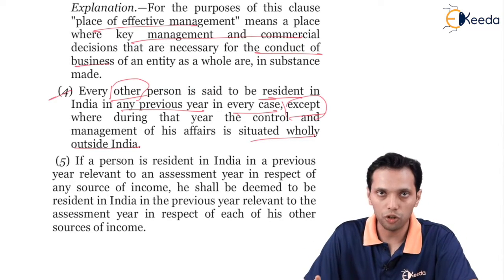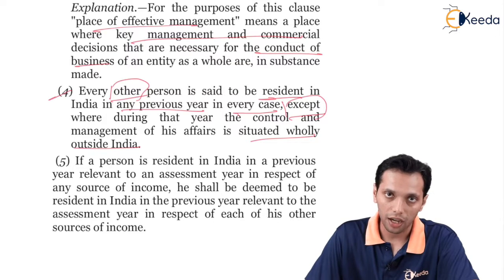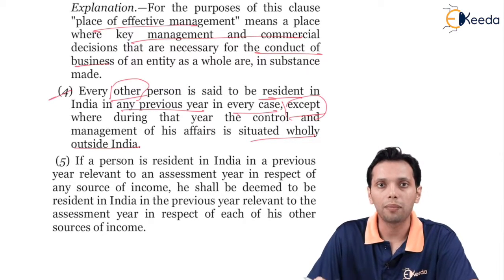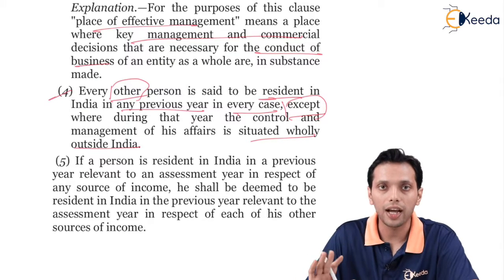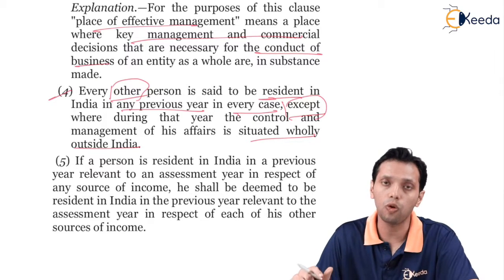So it's similar to HUF, firm and AOP: if control and management is wholly or partly in India, then it's a resident. If control and management is wholly outside India, then it will be considered as non-resident as per subsection 4 of section 6.